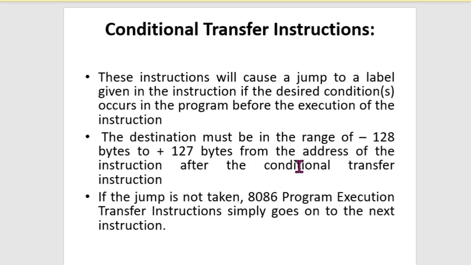That's why signed arithmetic is considered, and the MSB is the sign bit, deciding whether you want a negative or a positive jump. So you can have only a 127 byte positive and a 128 byte negative jump. That is the conditional jump.